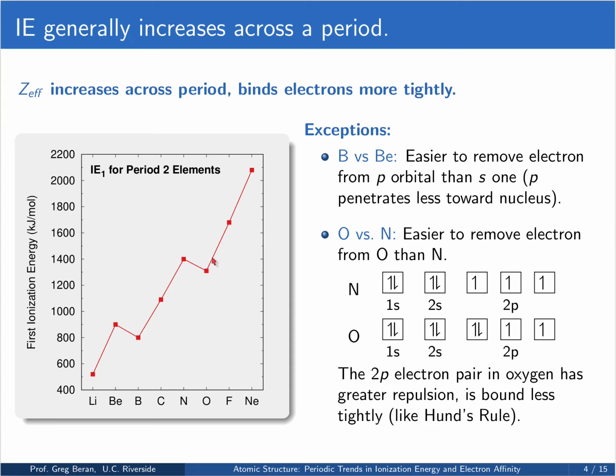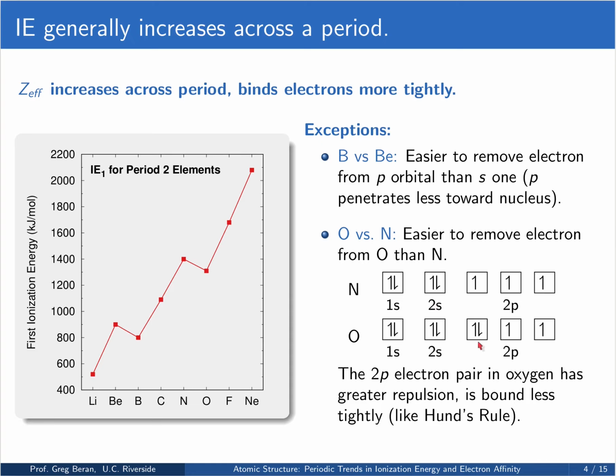The second exception occurs for nitrogen and oxygen. The electron configurations are shown here. Oxygen is the first element in the 2p block that pairs up any electrons in the 2p orbitals. We know from Hund's rule that the electrons prefer to spread out across the p orbitals, as in nitrogen, before we start pairing any of them.